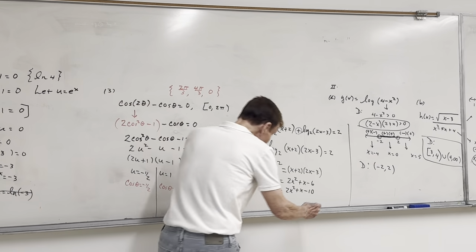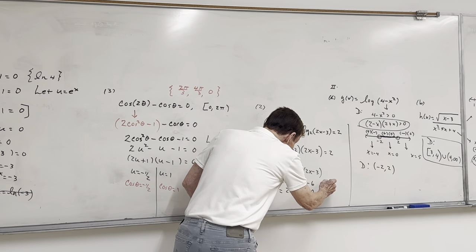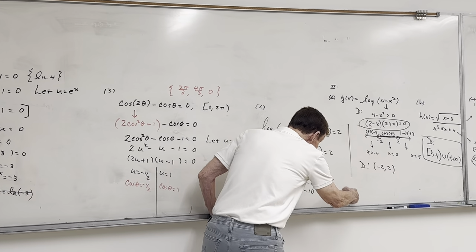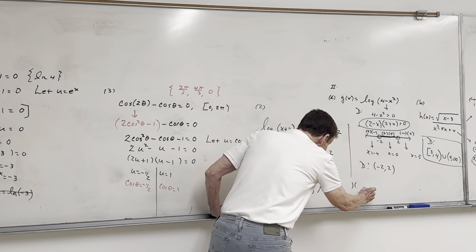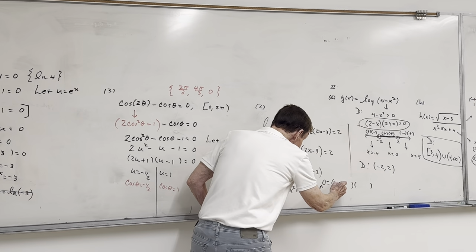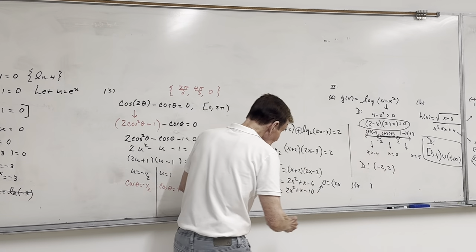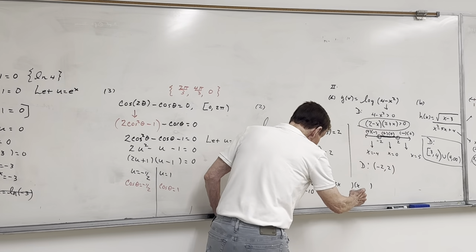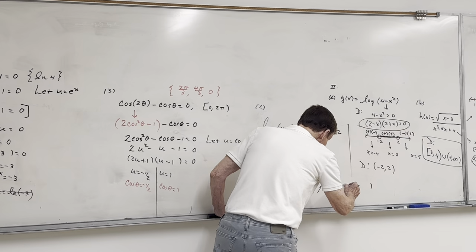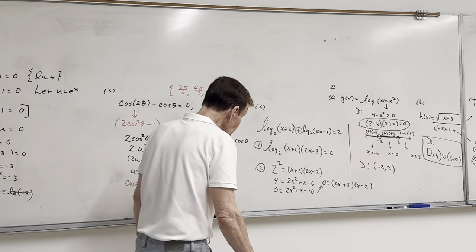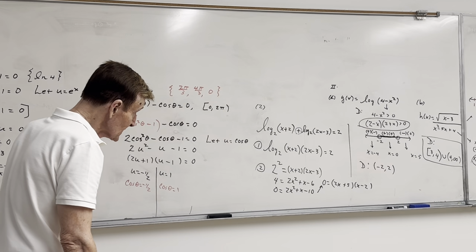I think it factors. 2x, x, and looks like a 5 and a 2 here, so I've got to get this to work out. Plus 5, minus 2. Step back and look at it. I think that's it.